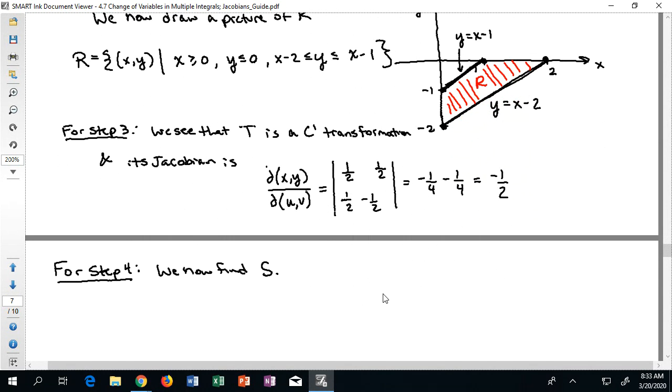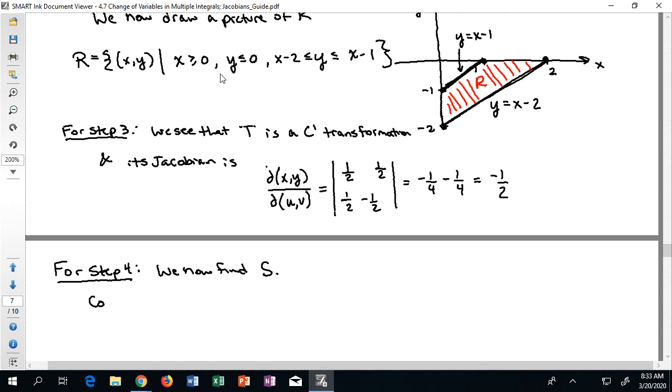It's not too difficult to do, but what I have to do is imagine converting the bounds, or these restrictions, into things that contain u's and v's. So I'm going to take a look at this region R up here and use this to help me. Okay, so here's what I have. I'm going to take a look at each one of these things individually and see how the transformations work.